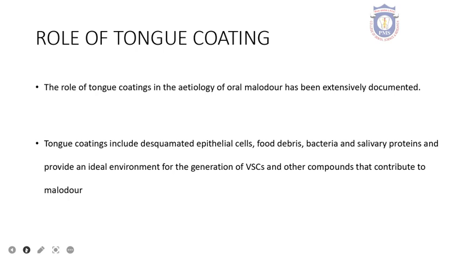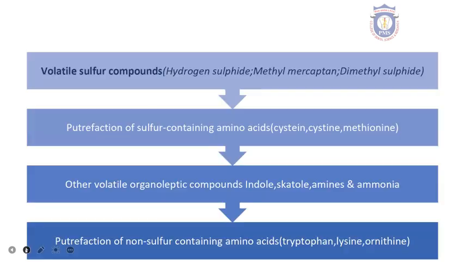It provides an ideal environment for the generation of volatile sulfur compounds and other chemicals that contribute to the malodor. As I said earlier, there are certain chemical compounds responsible for halitosis, and these are volatile sulfur compounds.